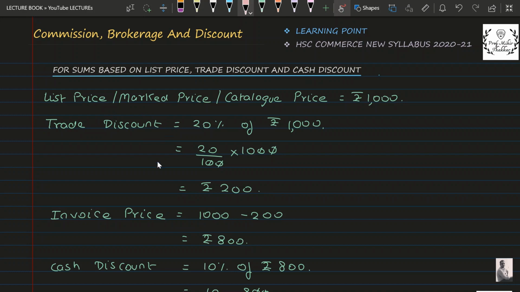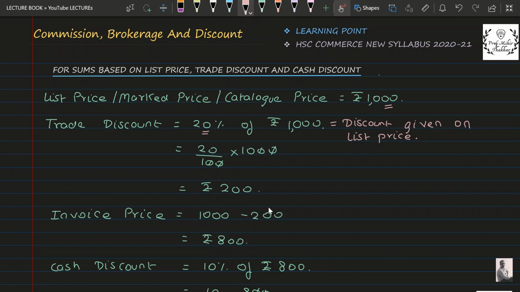The second point is trade discount. What is the trade discount? It is the discount given on the list price of the article. As you saw, I calculated this 20% of rupees 1000. Therefore, it is the discount given on the list price.